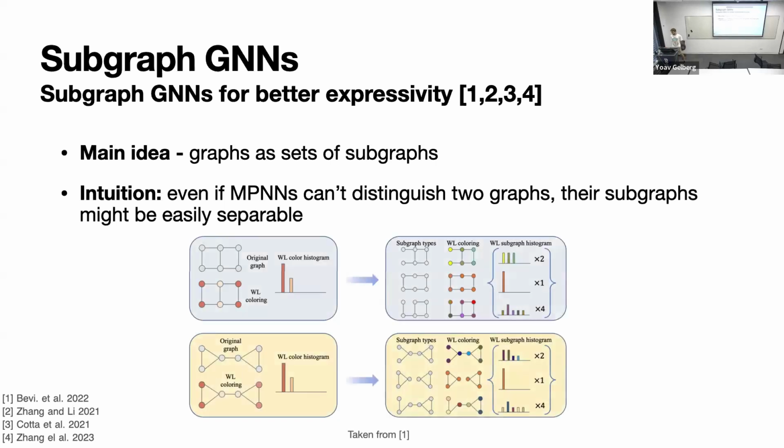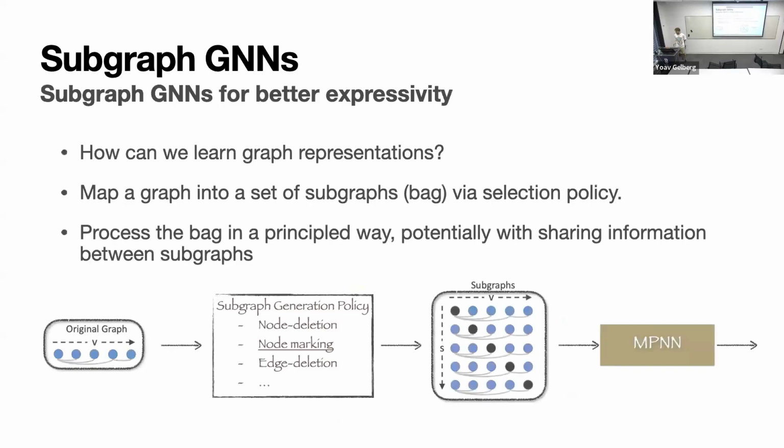But if we look at their subgraphs, we get two sets of histograms, each set corresponding to an original graph, and these two sets of histograms are different. So the intuition is that MPNNs on those sets of subgraphs can separate the original two graphs.